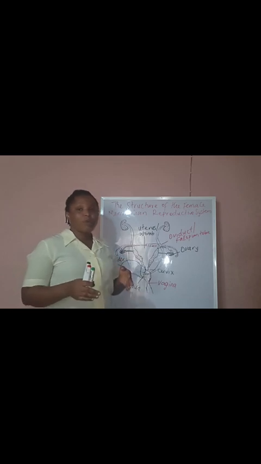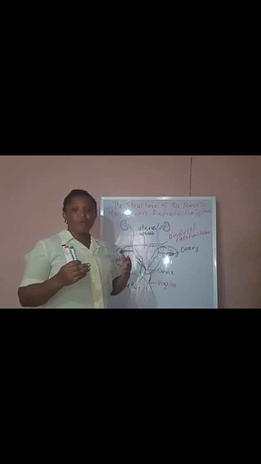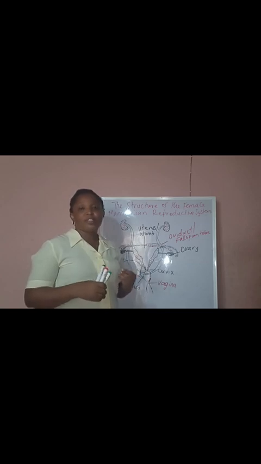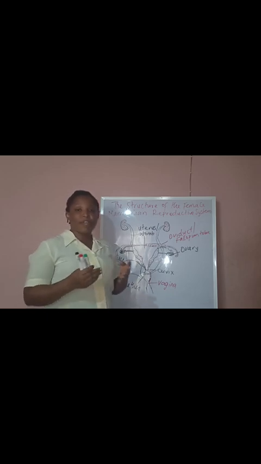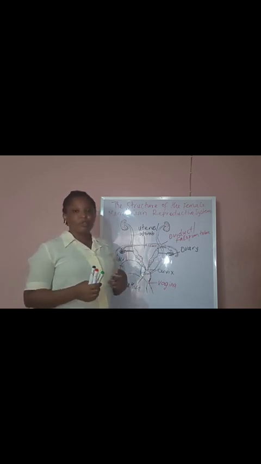Down below, we see two glands that are located very close to the vaginal orifice. We call them the Bartholin's glands. They secrete mucus that lubricates this area during sexual stimulation.